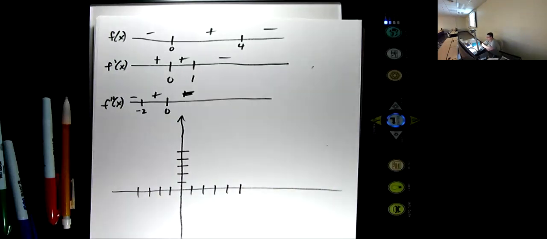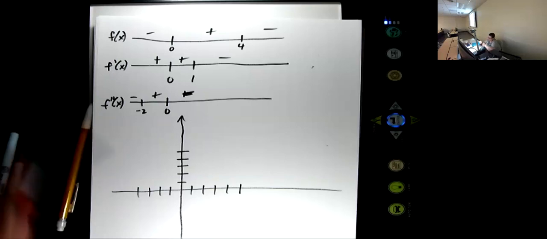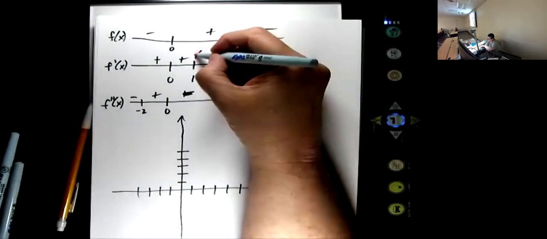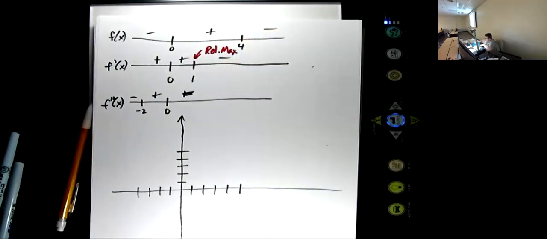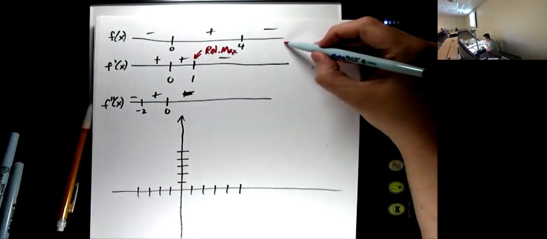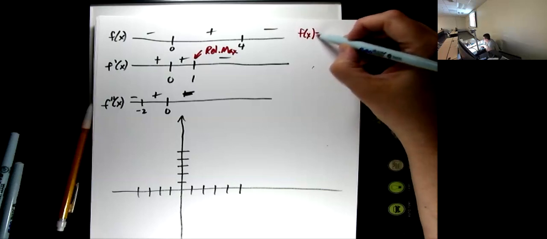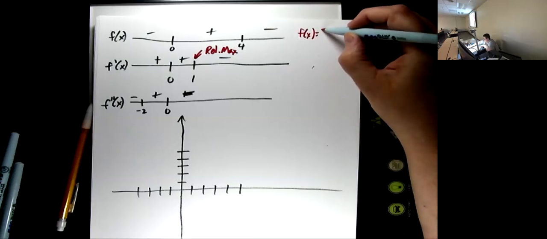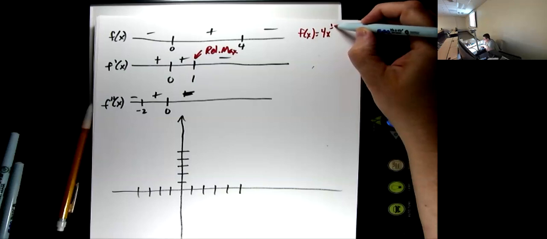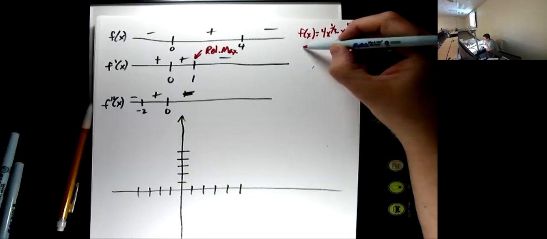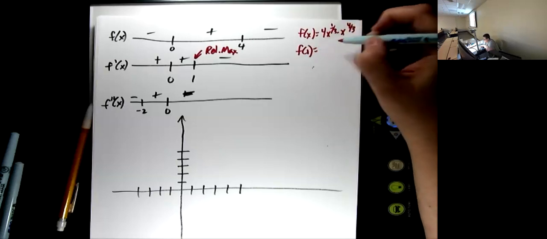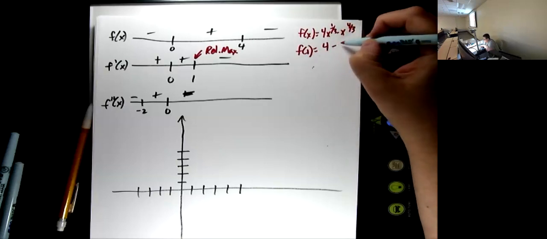I saw one thing with the relative max. We saw this here, the relative max was right there. So maybe we should find its y value. So f of x was 4x to the 1/3 minus x to the 4/3. If I stick in f of 1, I get 4 minus 1 equals 3.